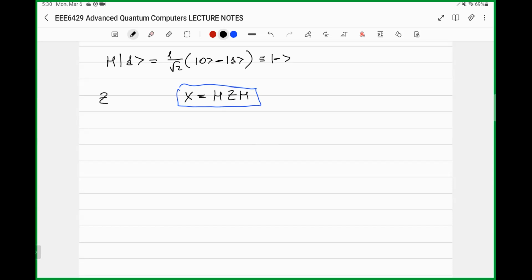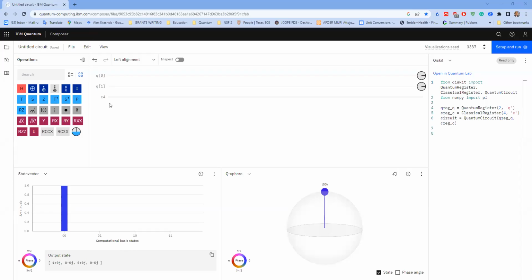So now let's go to IBM Quantum and actually check that this is true. By default we have 2 qubits. Here on the left side you have the number of most important gates that we usually use to program a quantum computer or write a quantum circuit.